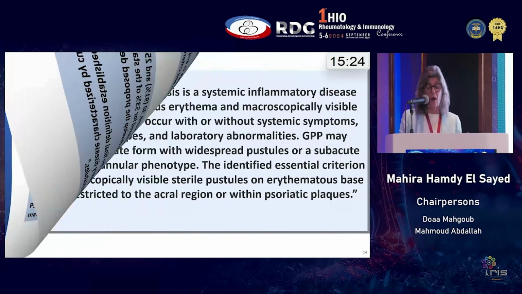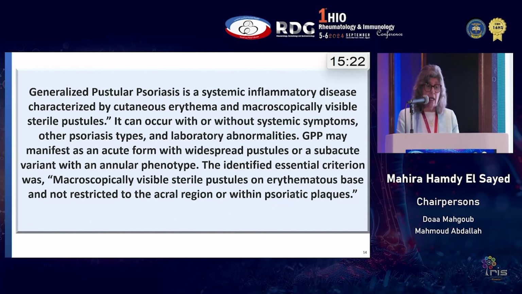During the second round, the final definition was came up with: GPP is a systemic inflammatory disease characterized by cutaneous erythema and macroscopically visible sterile pustules occurring with or without systemic symptoms, with or without other psoriasis types and laboratory abnormalities. And GPP may manifest as an acute form with widespread pustule, subacute variant with an annular phenotype.